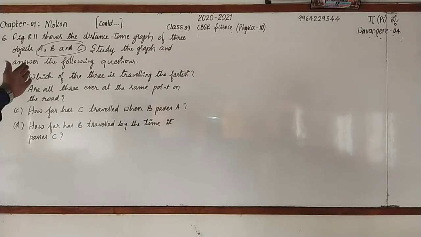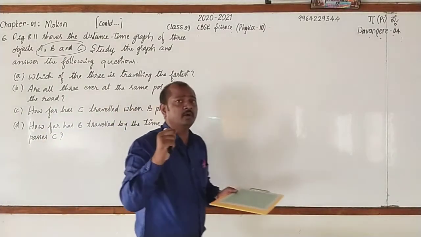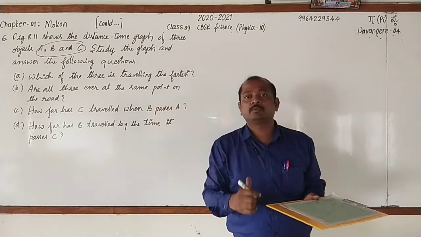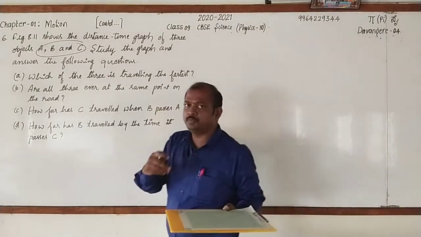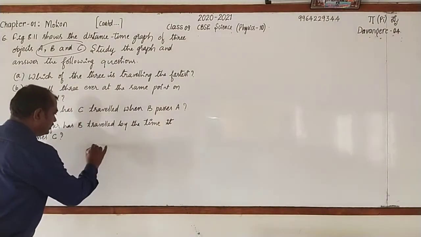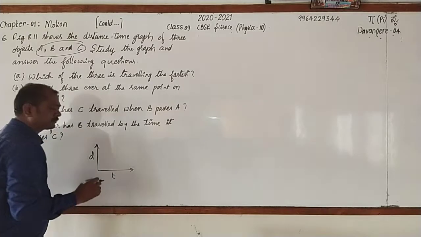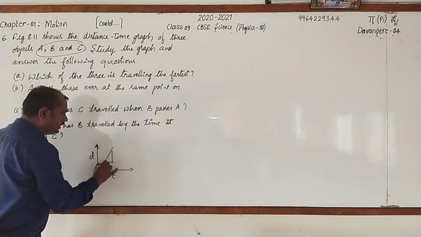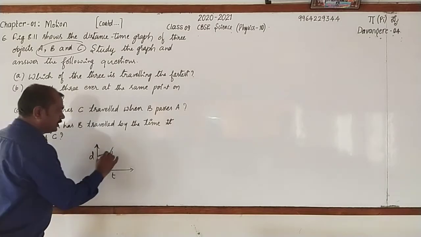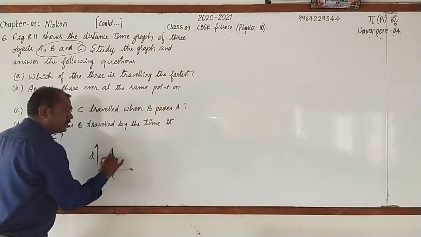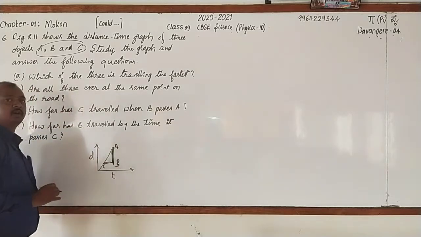The first sub-question is: which of the 3 is traveling the fastest? How do you come to know which one will travel fastest? By using the graph. Before that, let us recall an important point. Dear students, we have already learned that the slope of the distance-time graph gives velocity. Slope means the ratio of vertical distance to horizontal distance.